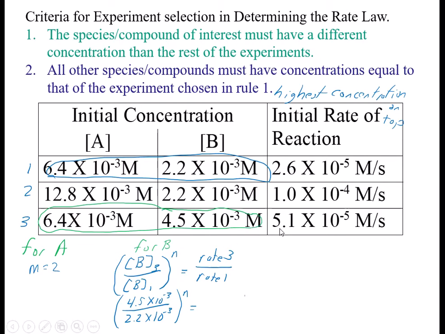The rate for experiment 3 is 5.1 over 2.6, the rate for experiment 1, times 10 to the minus fifth. The minus fifth goes away because it's on both. The minus 3 goes away because it's on both. So 4.5 divided by 2.2 is 2.04.